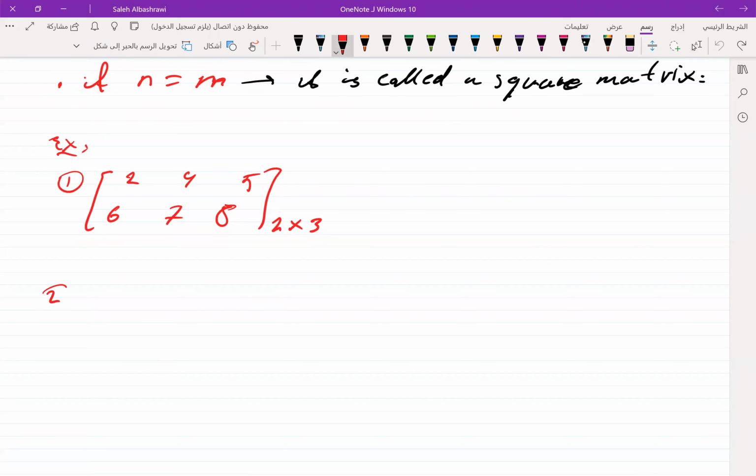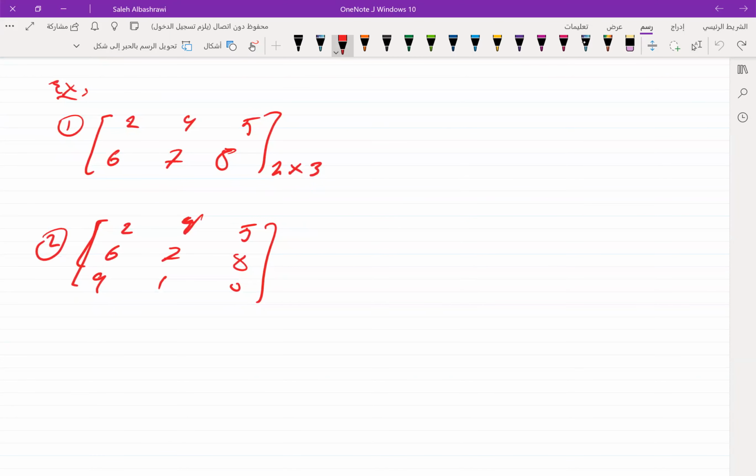Number two: this matrix is of size 3 by 3, so m equals n, and this is called a square matrix.